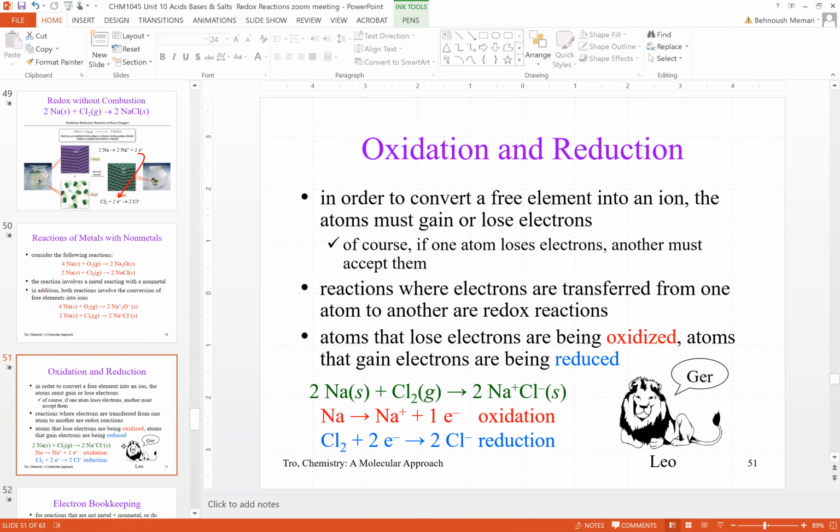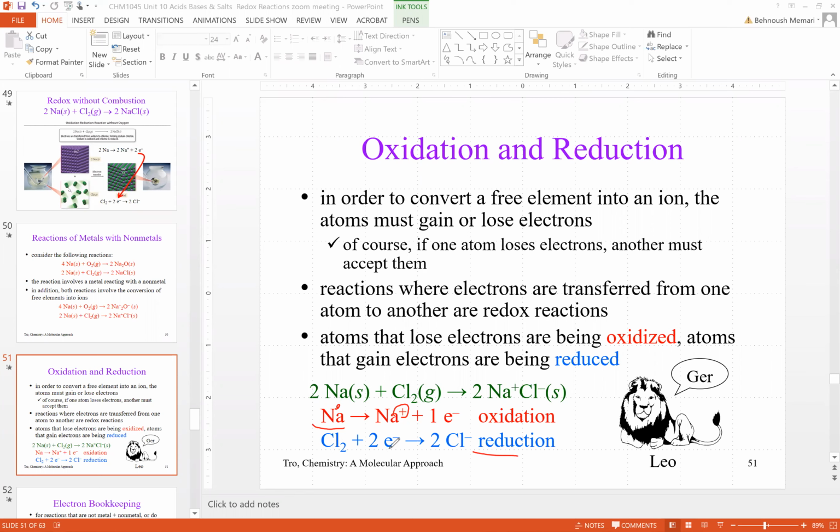In an oxidation reduction reaction, one is being oxidized. That would be the element that is losing electrons, and the element gaining electrons is being reduced. So what happens in oxidation? The oxidation number of the element being oxidized is going to increase. So the oxidation number for sodium in the free state or solid phase is 0, and after losing an electron it changes to +1. So oxidation is taking place.